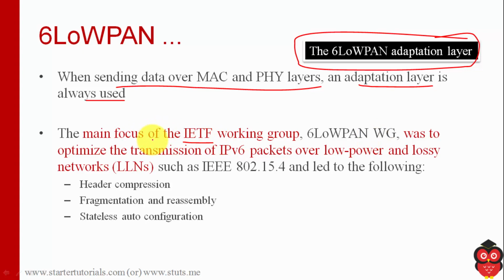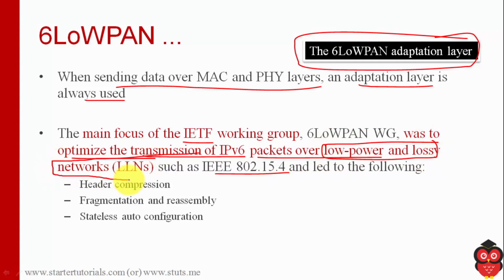The focus of that IETF working group is to optimize the transmission of IP version 6 packets over IEEE 802.15.4 networks. They are also called low power and lossy networks, in short LLNs.